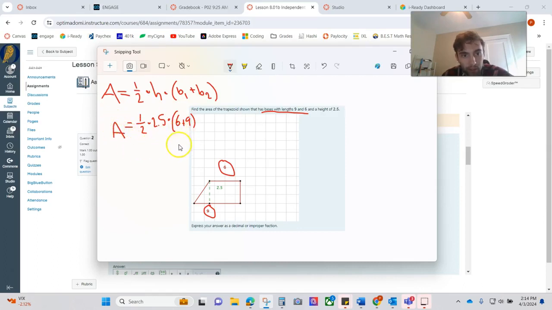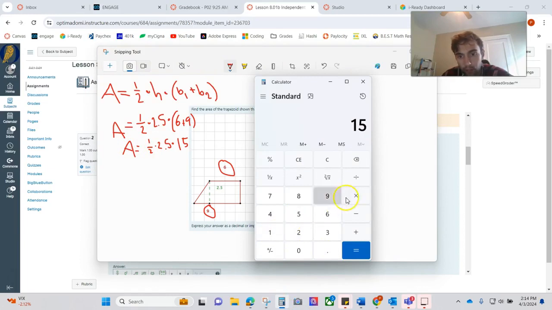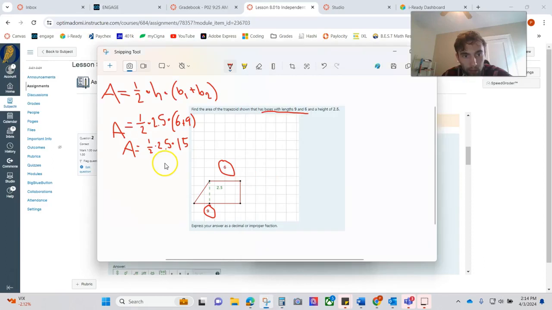So let's add 6 plus 9. That's 15 times 2.5 times 1/2 will equal the area. Okay, 15 times 2.5. 37.5. Now I need to find half of 37.5.